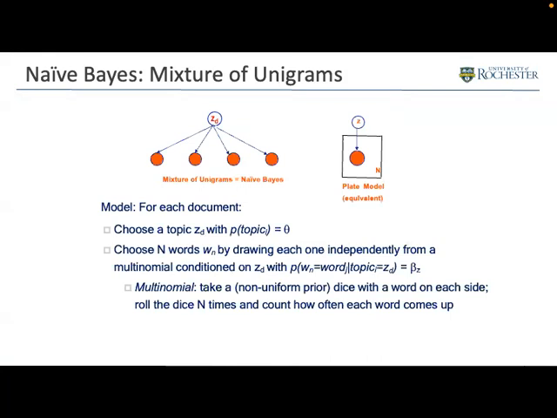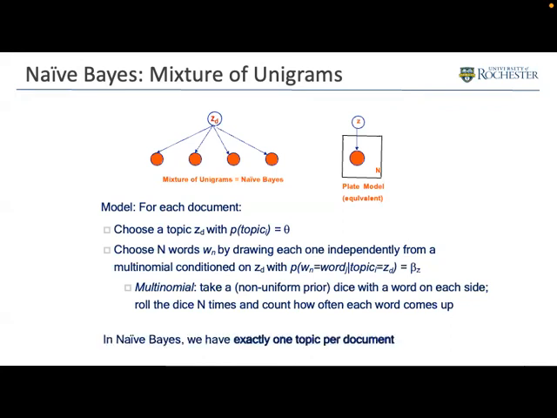For each document, we choose a topic, which we call Z_d, with probability theta, and we choose n words W_n by drawing each one independently from a multinomial conditioned on Z_d with probability beta. By multinomial, I mean we take a non-uniform dice with a word on each side, roll the dice n times, and count how often each word comes up. That is the multinomial distribution.